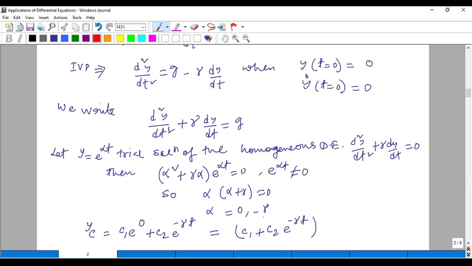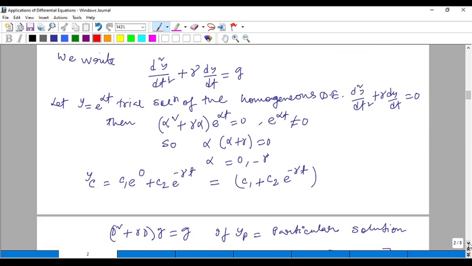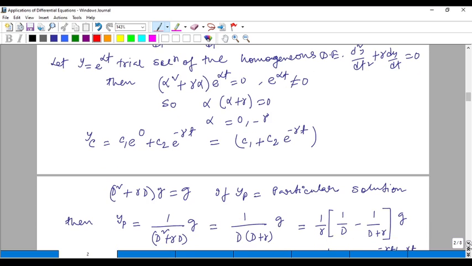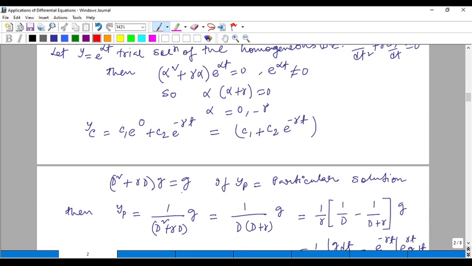From this calculation, we find the complementary function, that is the solution of the reduced equation, which is y is equal to c1 plus c2 e to the power minus gamma t. Now we have to find the particular solution.